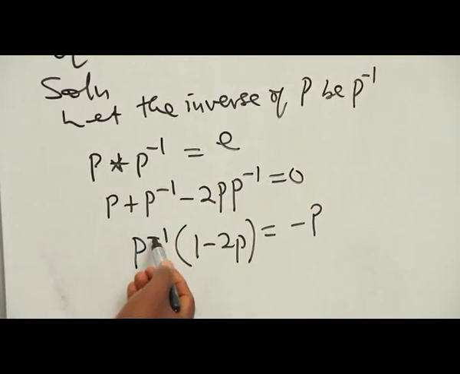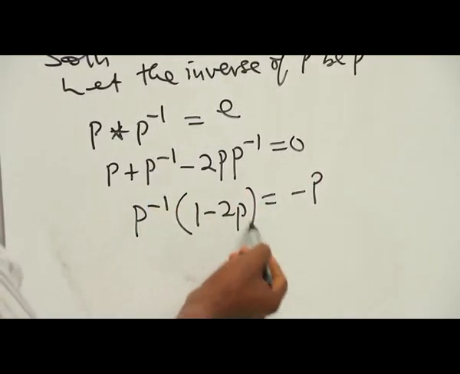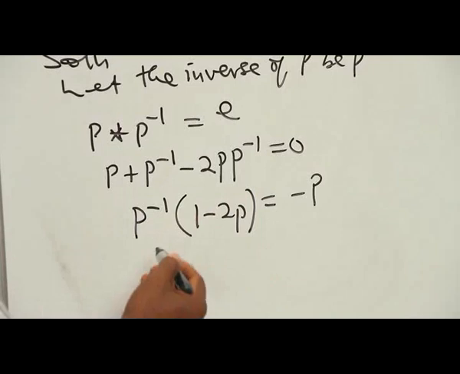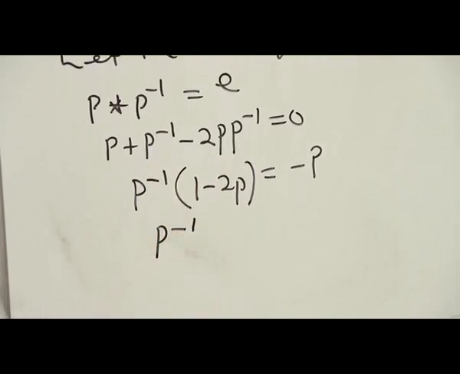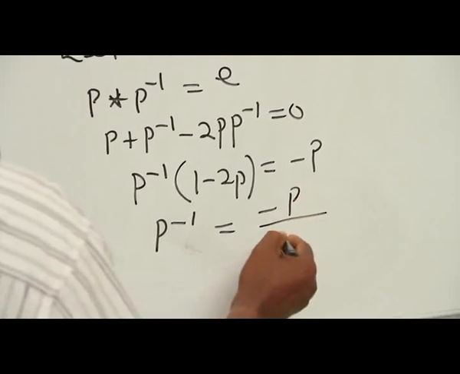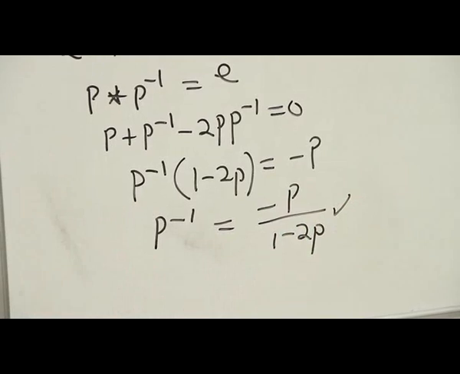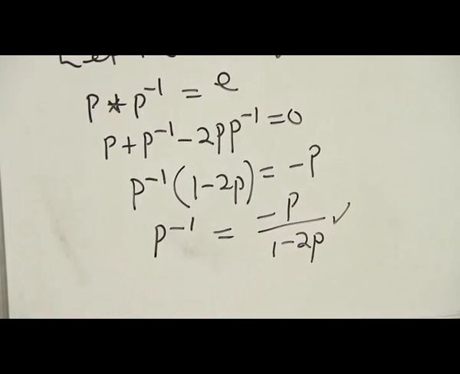I have collected the terms involving the inverse of P together and factorized it, and so my inverse of P will be equal to minus P all over 1 minus 2P, and that gives you the inverse of this operation.